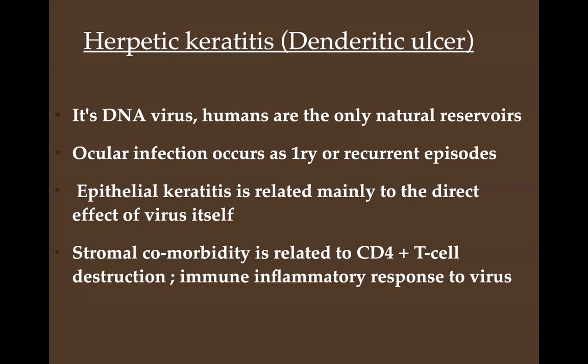Stromal involvement is related to CD4 T cell destruction. It's an immune inflammatory response to the virus, but the primary affection is related to the epithelium, and it may be associated with a stromal affection or not.